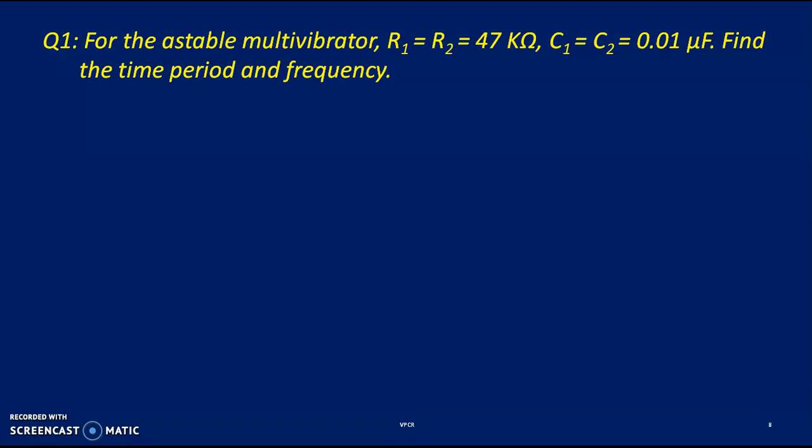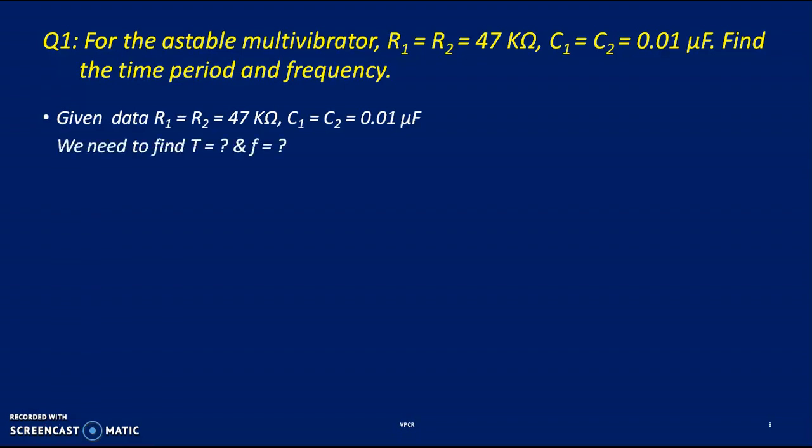So first, whenever you have a problem, try to write the given data. When you extract the given data, then you will have a clear-cut idea what to do next. So here the given data is R1 equal to R2 equal to 47 kilo ohm, C1 equal to C2 equal to 0.01 microfarad.